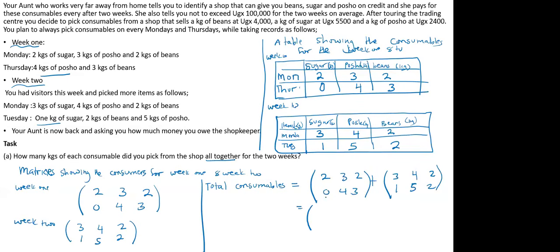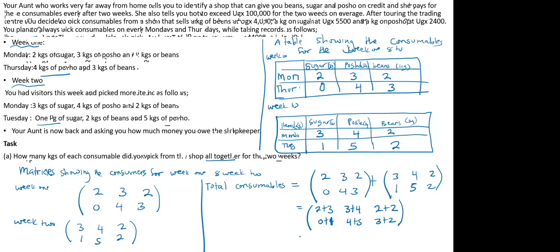Tell us what we are going to add. 2 plus 3. 3 plus 1. 3 plus 4. 2 plus 2. 0 plus 1. 4 plus 5. 3 plus 2. Okay. And what is going to be our answer?